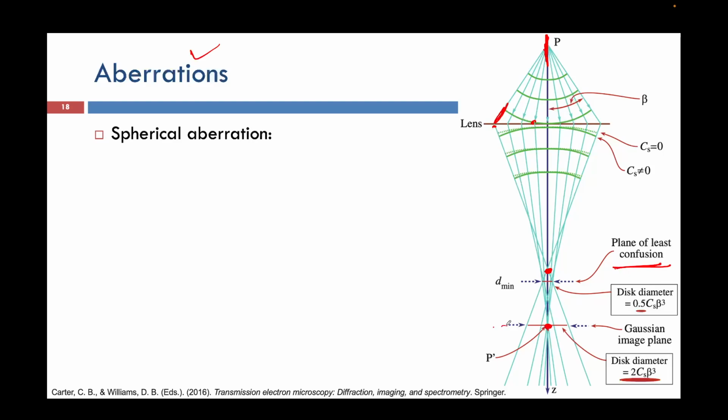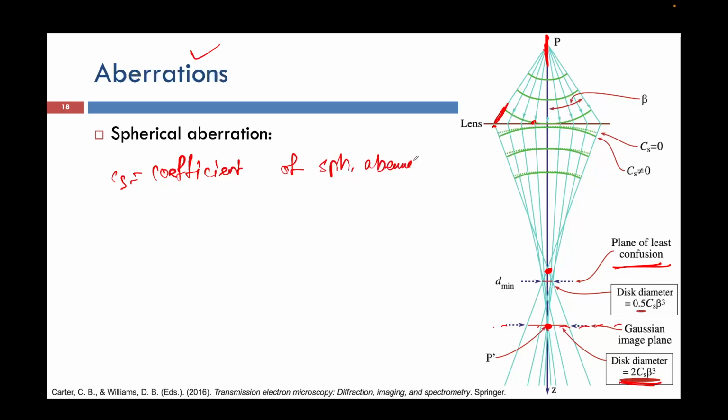In the image plane, if you put your detector, you will get a disk of diameter 2 Cs beta cubed. Here beta is the aperture angle, and Cs is known as the coefficient of spherical aberration.